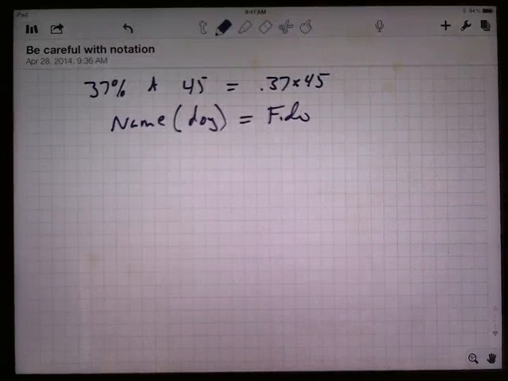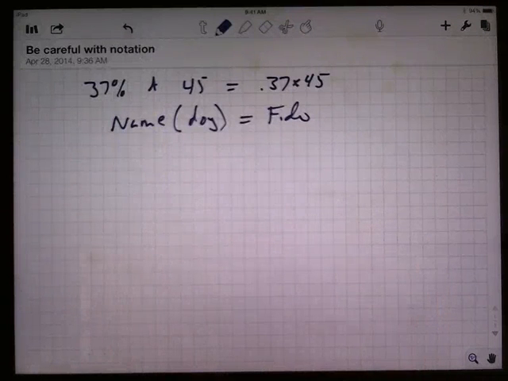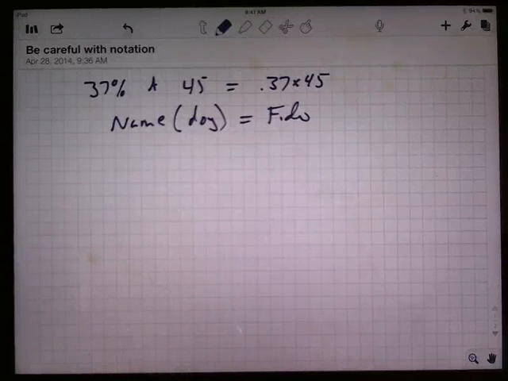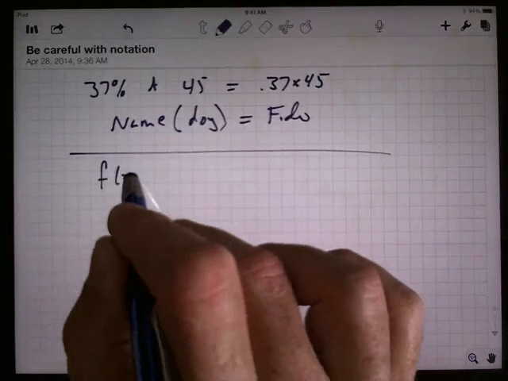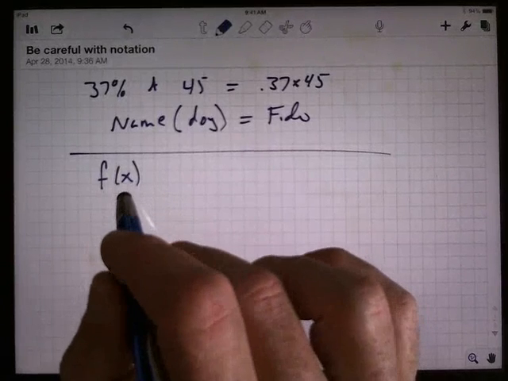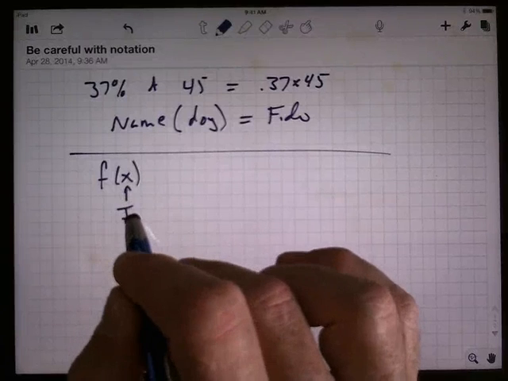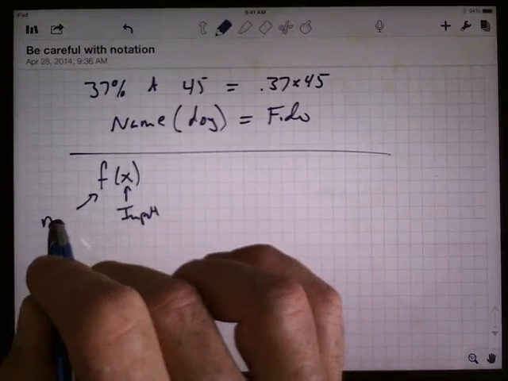And so I say be careful with notation because there's very common mistakes that are made because of the notation that we use and because of the word of meaning two different things, right? Notice if you have something that looks like this, f of x, we think of x as the input to a function. F is the name of the function.